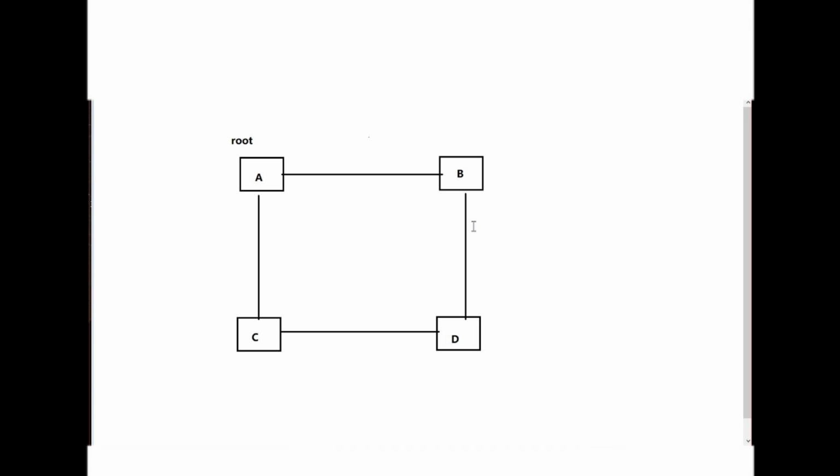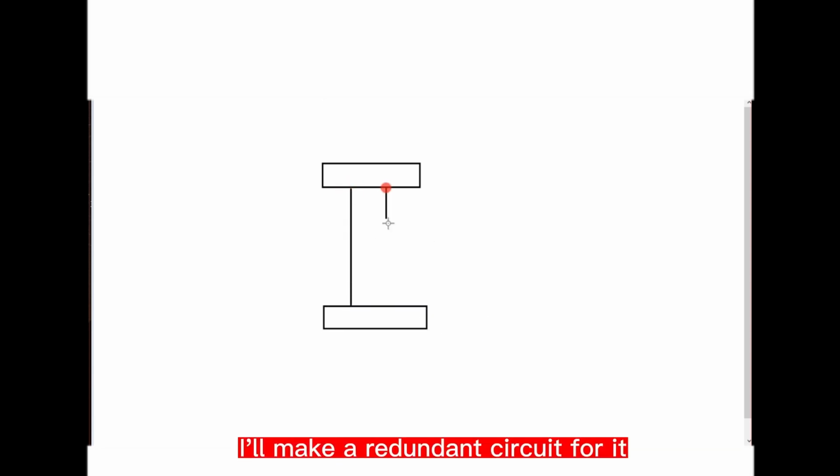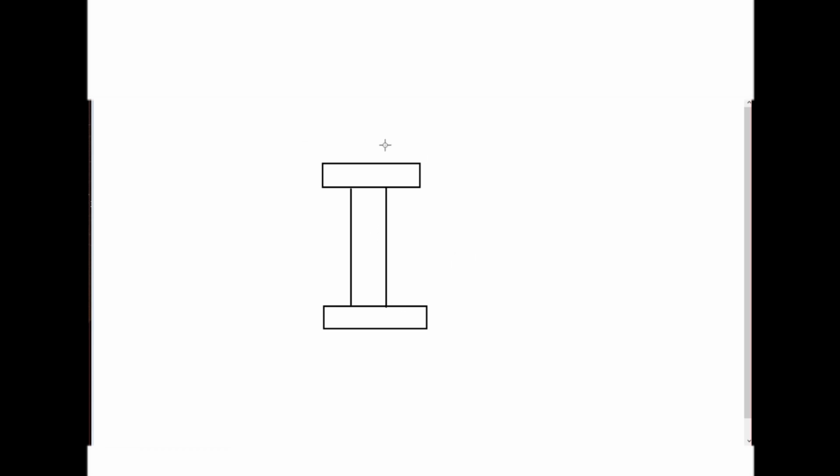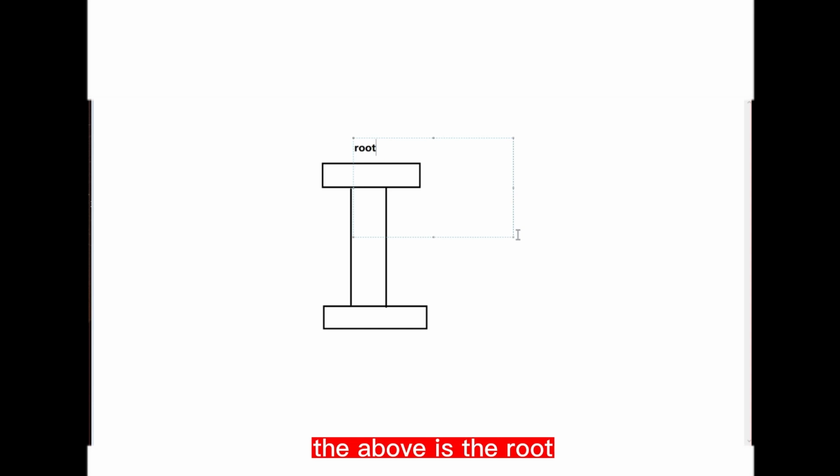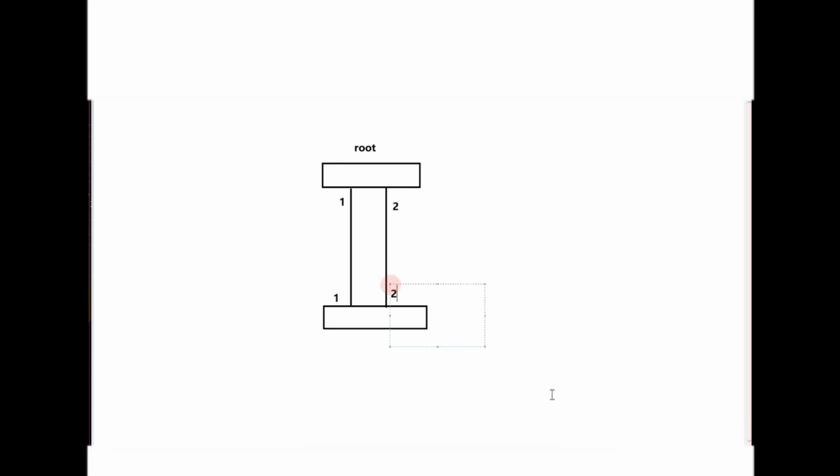What's going on? I'll draw another picture to explain. For example, we only have two devices right now. I'll make a redundant circuit for it. I want to run two wires between two switches. The above is the root. This is 001. This is 002. So now let's compare.